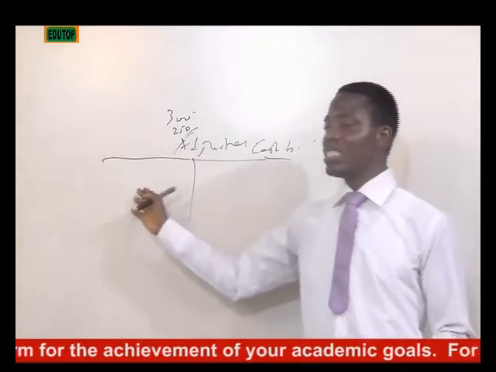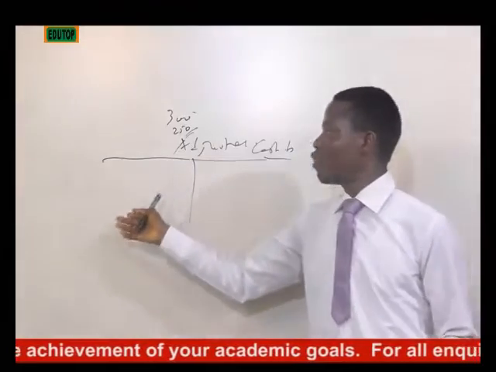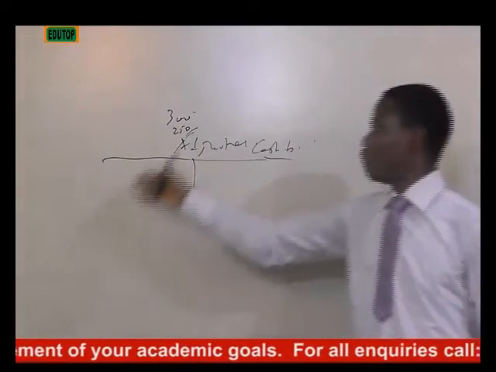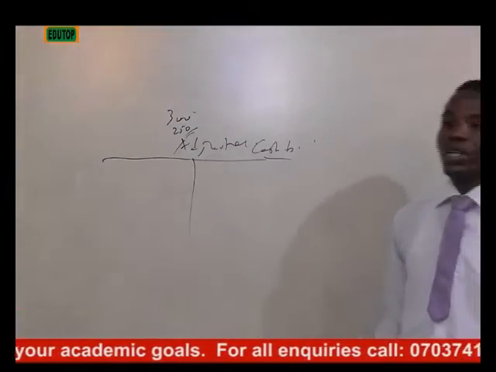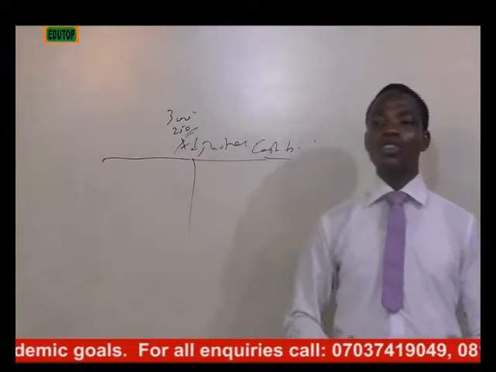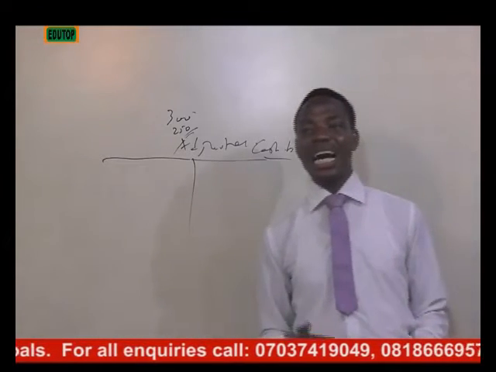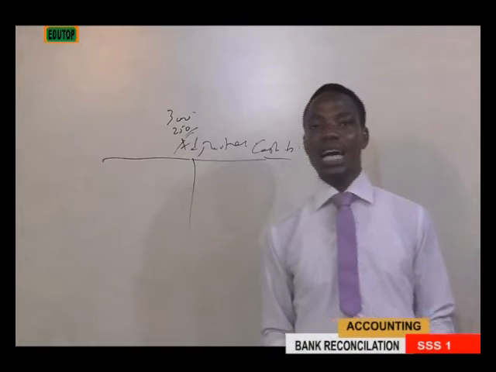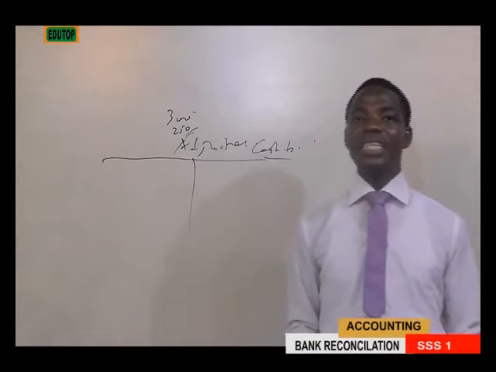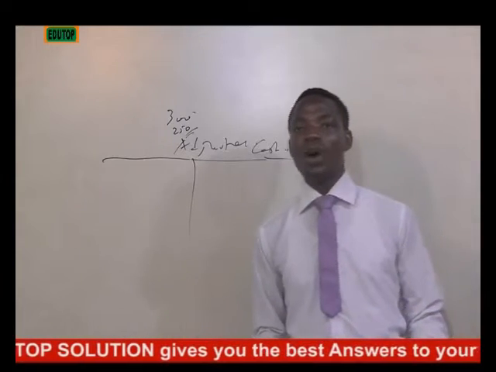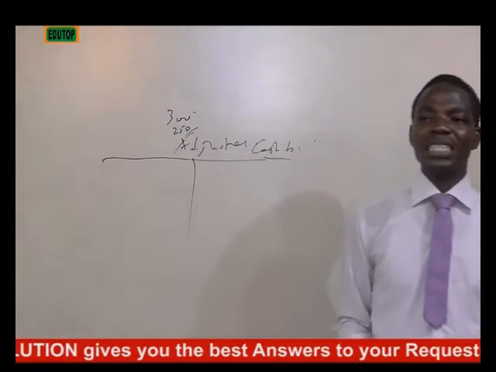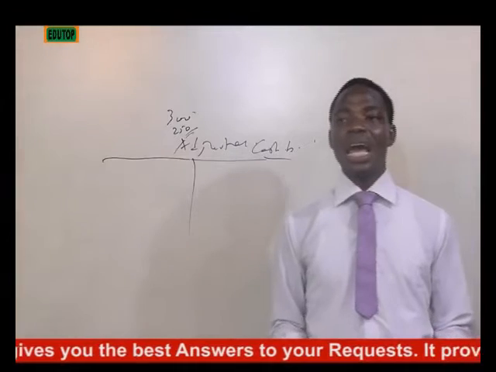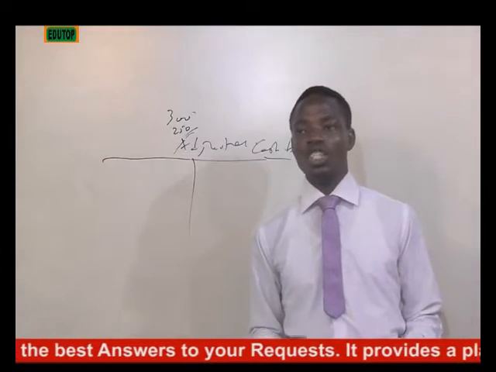When the bank dishonored it, that means you have to reduce it from your cash book again, because the bank has not honored the check. What can lead to a check being dishonored is when the check has been altered, or maybe there is a mistake in the date, the signature, the figures and the words, and so many things that can lead a bank to dishonor checks.